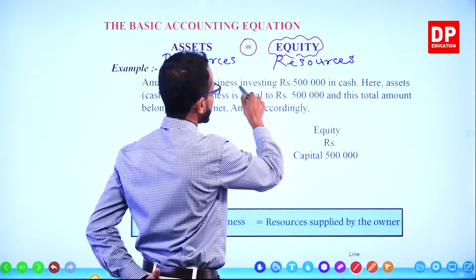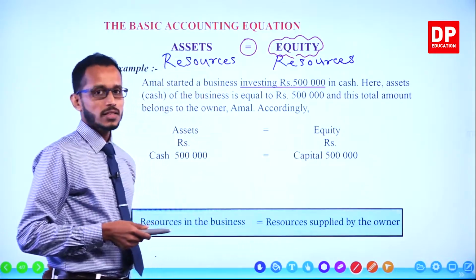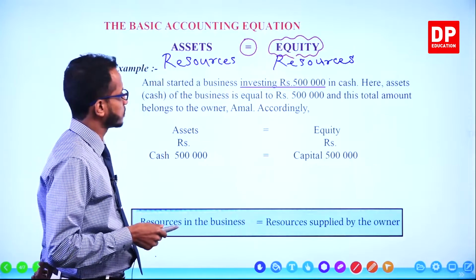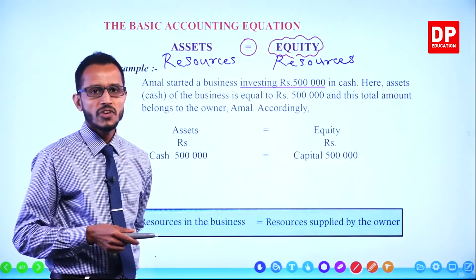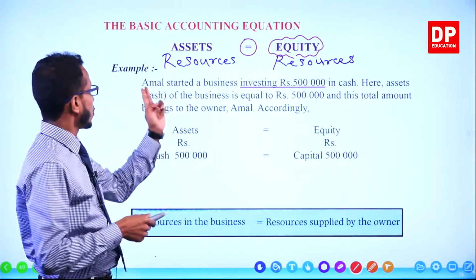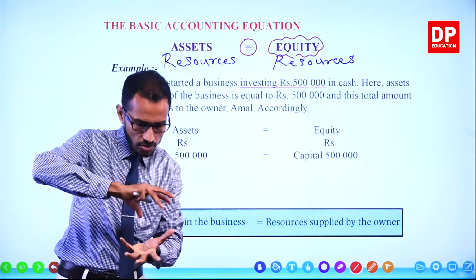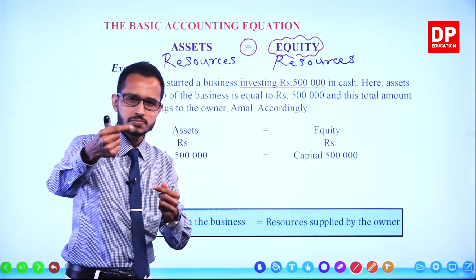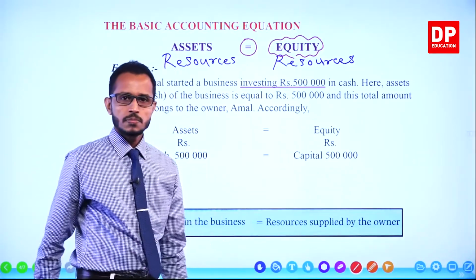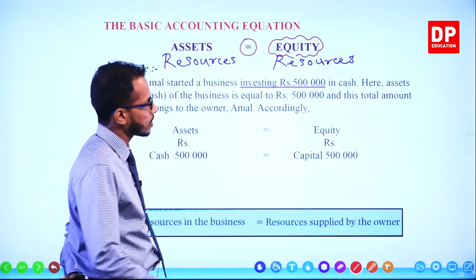What is the amount that he invested, children? 500,000 in cash. So this owner Amal brought in cash 500,000 and invested that money in the business.